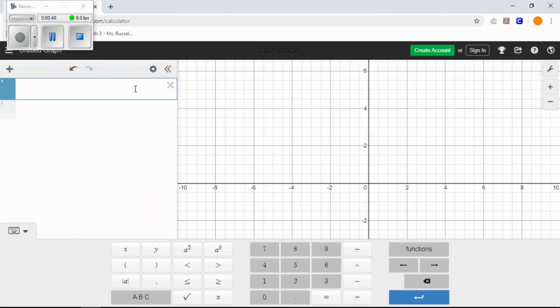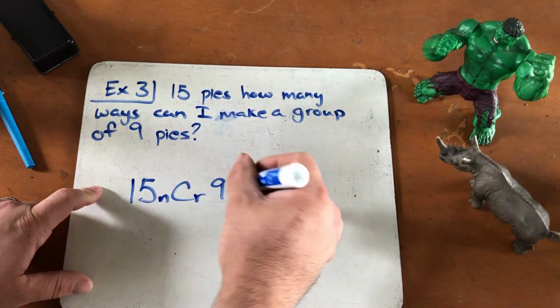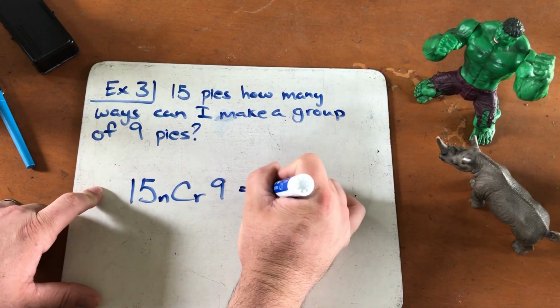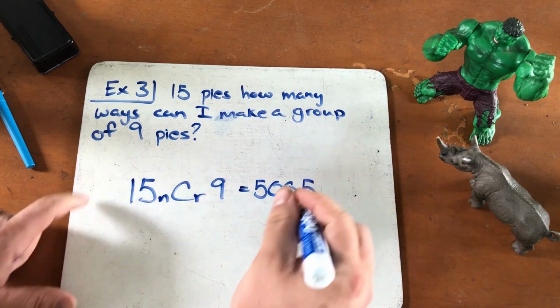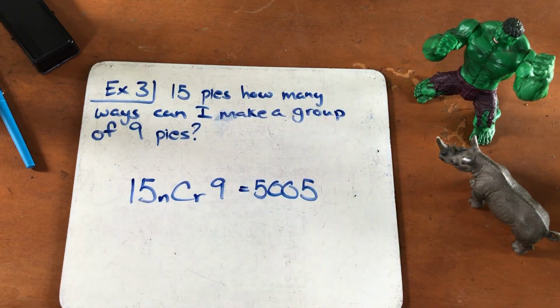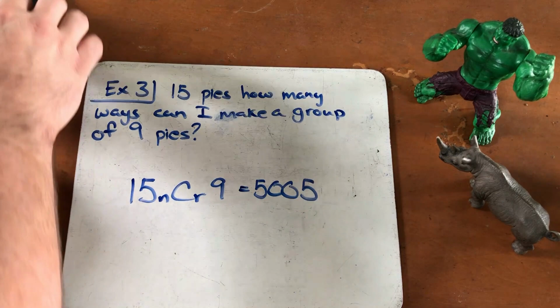Example number 3, we need to do 15 nCr 9. Click on functions, nCr. Large number first, comma, second number 9, 5,005. Order doesn't matter. There's nothing to designate that order matters.